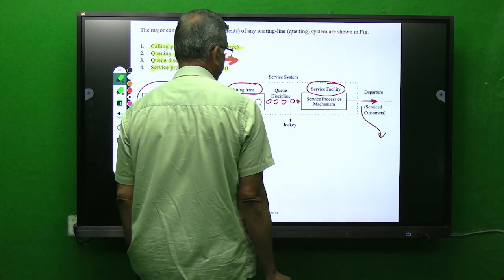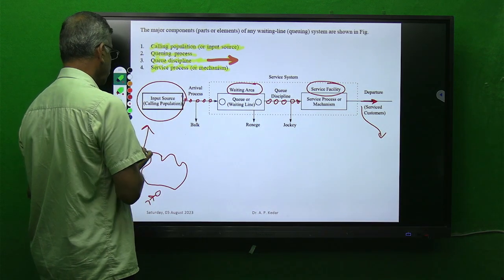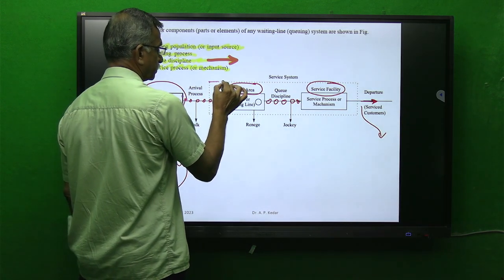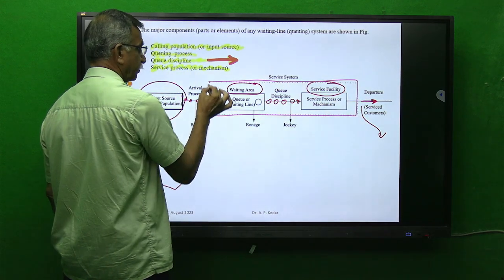That is the general mechanism, and we have seen in our earlier slide also, this particular area is referred to as our queuing system.